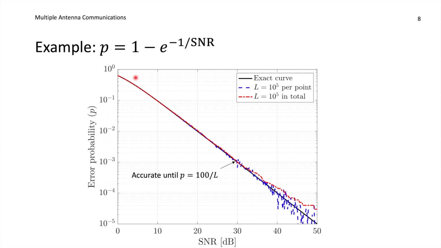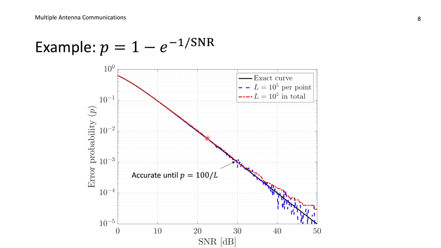The solid black curve that you can see underneath here, and which is particularly visible down here, is the exact curve computed like this. Then the blue curve is generated like this. We have, for 0, 1, 2, 3, and so on, for every integer number of the SNR in dB scale, taken 10 to the power 5 or 100,000 different random independent realizations of the experiment, and then we have computed the sample average. And then I'm plotting a curve based on that one.